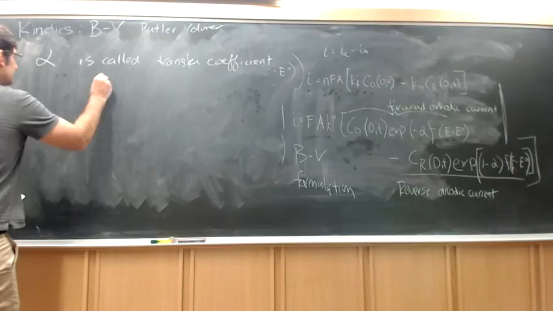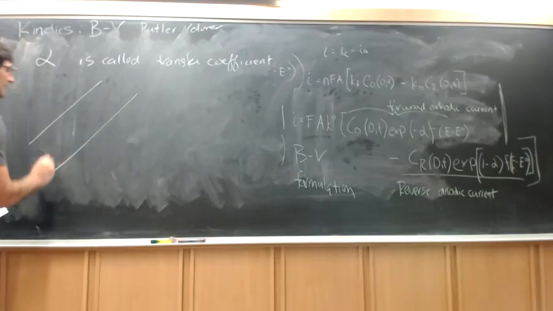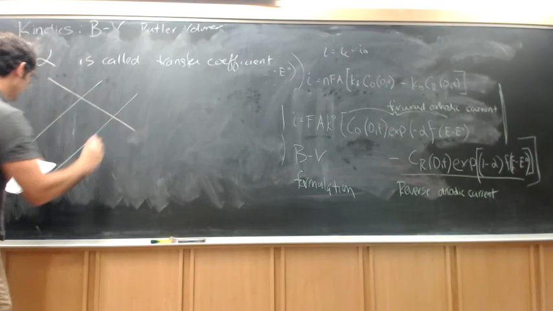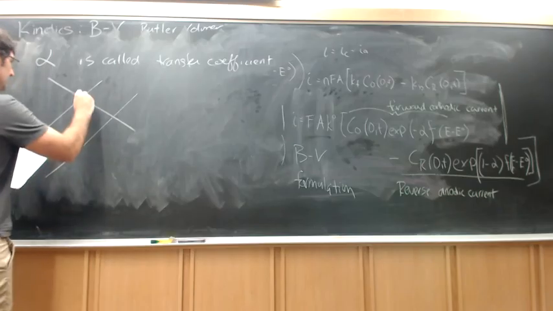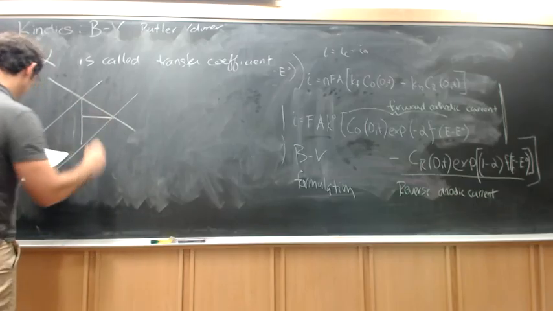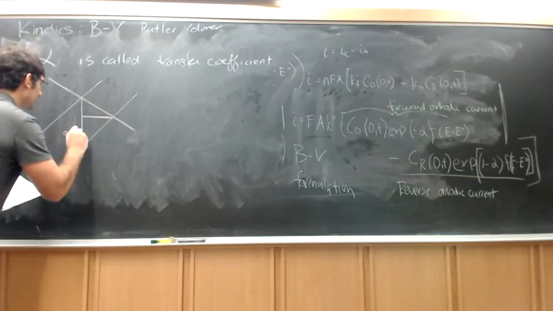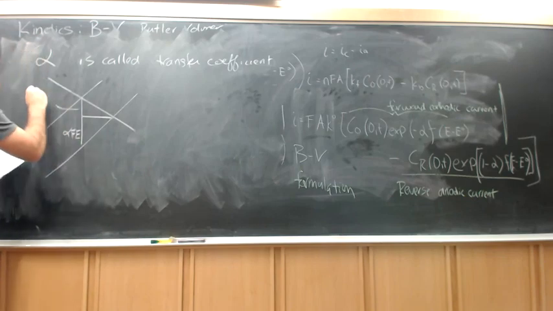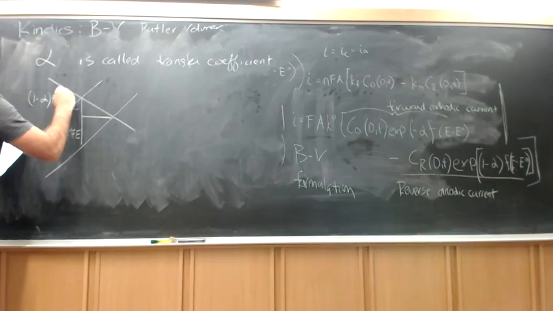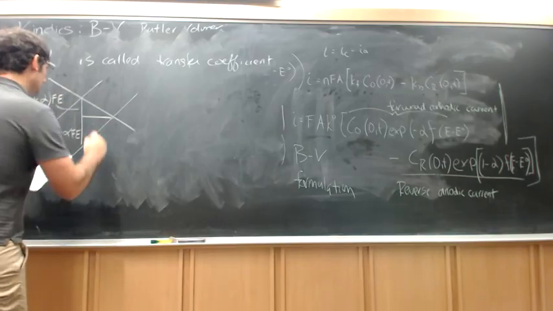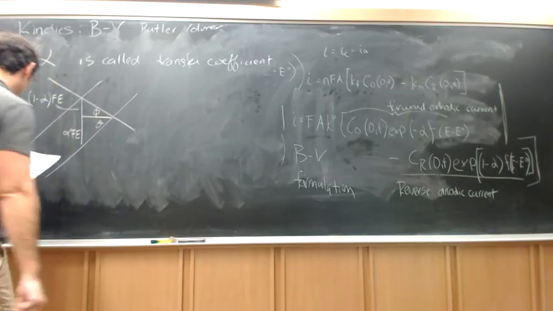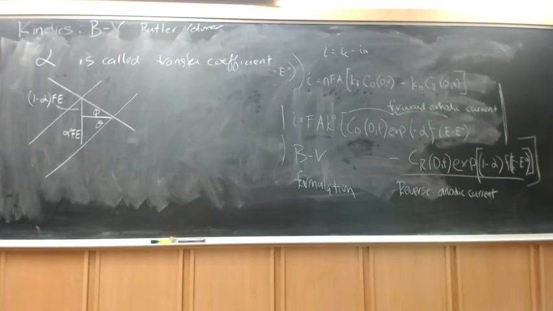So we defined this crossing, remember? So this is our crossing. And we define some things here. So this is alpha FE here. This is 1 minus alpha FE here. I'm going to call this angle theta and this angle phi. And I'm trying to get some physical model. I'll use geometry basically to understand alpha.